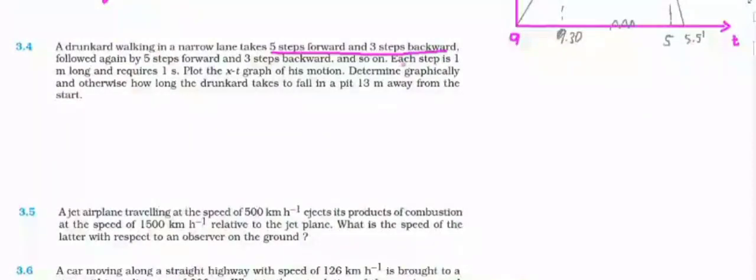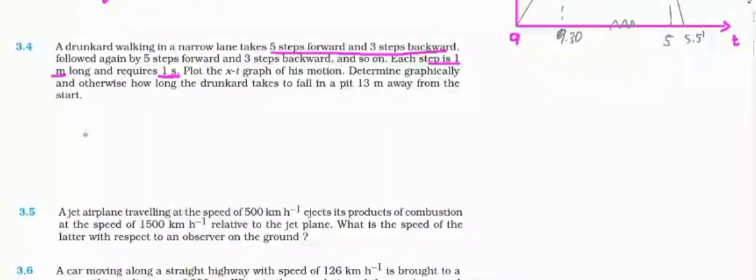Each step is 1 meter long and takes 1 second. Now plot the x-t graph of the motion. Determine graphically or otherwise how long the drunkard takes to fall in a pit 13 meters away from the starting point.